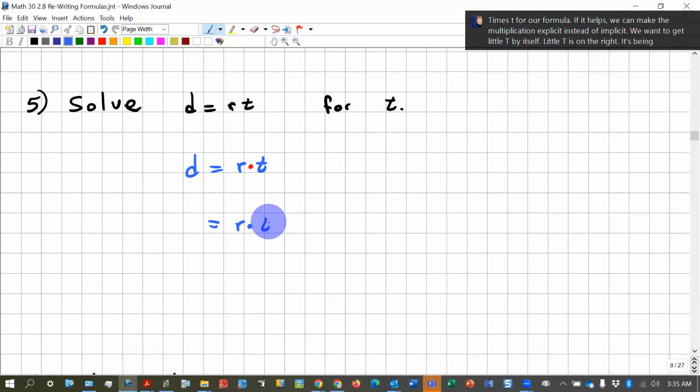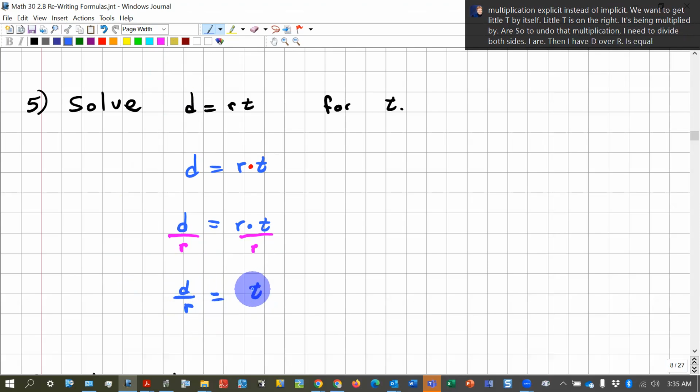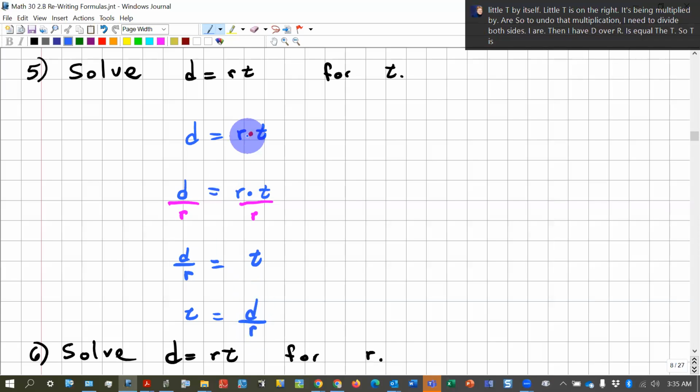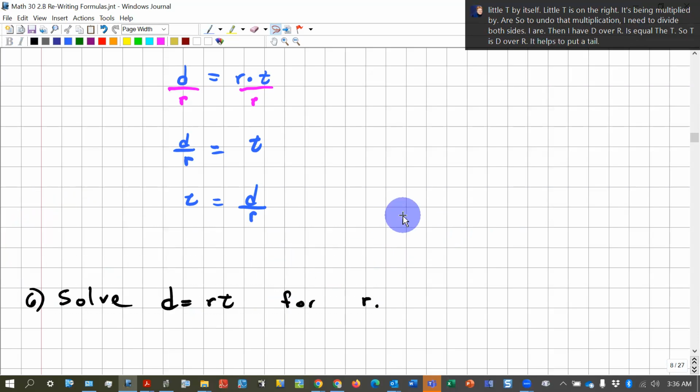It's being multiplied by R. So to undo that multiplication, I need to divide both sides by R. Then I have D over R is equal to T. So T is D over R. It helps to put a tail on your lowercase t's so they don't start looking like addition signs.